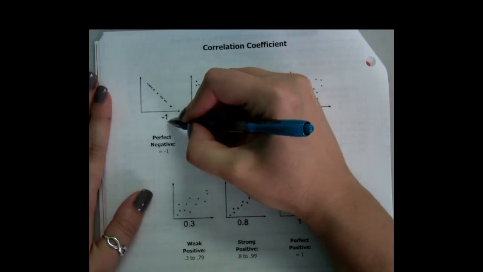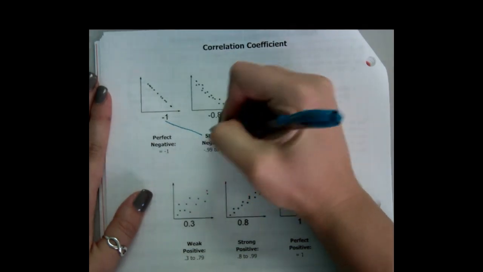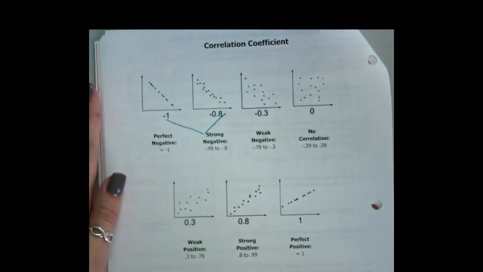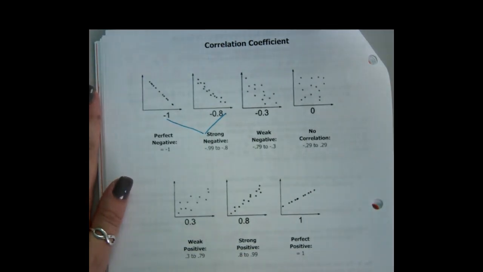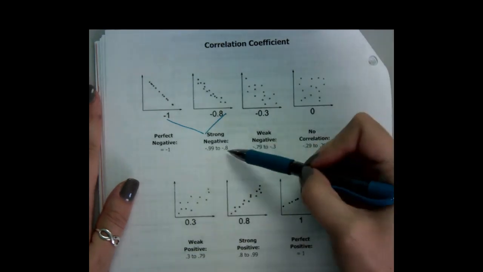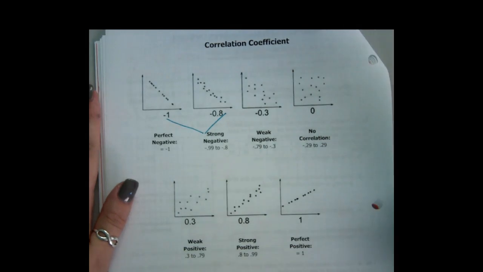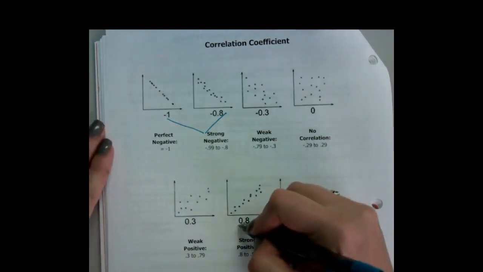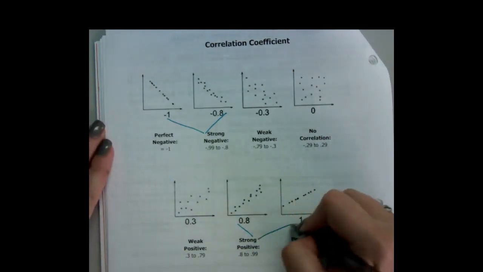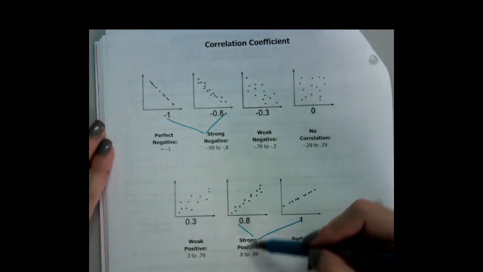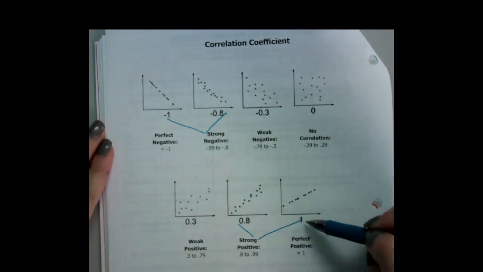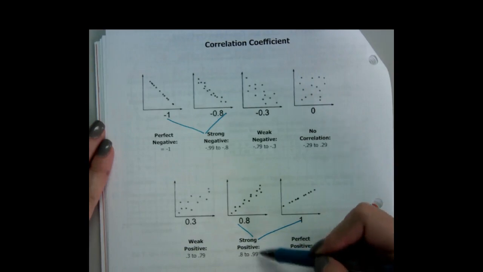If it is anywhere in between those two values, it's going to be a strong negative. Okay, so anywhere from -0.8 all the way up to -0.9. Same thing here. If it's anywhere in between those values, 0.8 and 1, but this time positive, it's going to be strong.